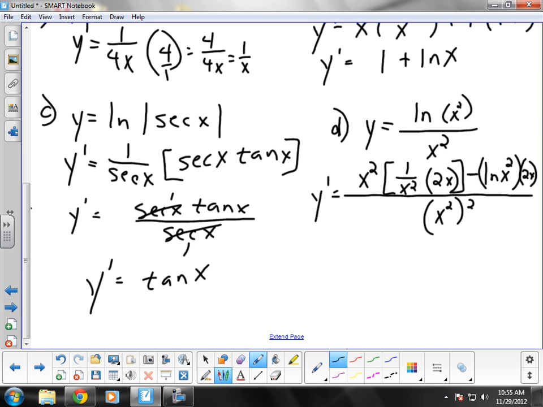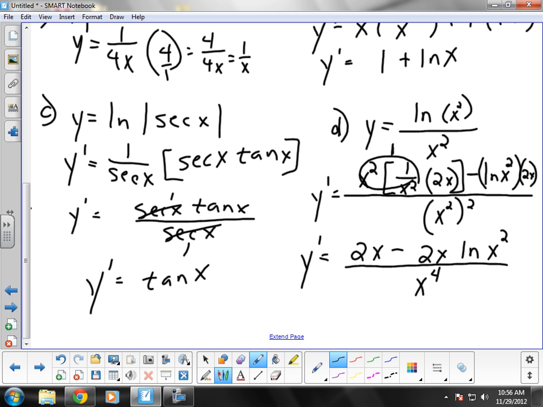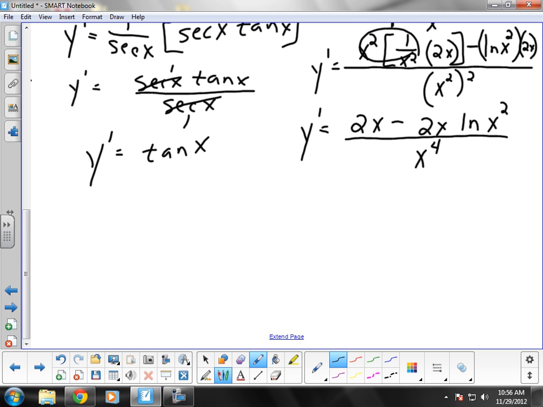Okay. Now, we need to simplify it. So x squared and 1 over x squared multiply together to give me 1. So that just gives me 2x minus 2x times the ln of x squared. It's okay if I put the 2x in front. Over x to the 4th. I do want you to notice that I have a common factor there in the top, so I can factor out that 2x, just in the top.